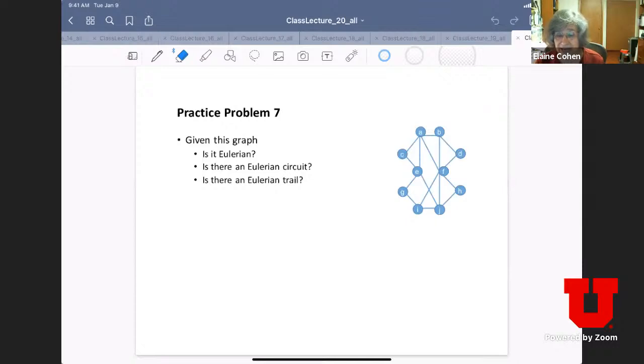Now, if we add an edge between B and I, can we do that without crossing it? Yeah, we just loop it around with a big arc. We go from B to I, so that we now have a loop. We have a circuit. It goes through every edge once. We added an edge, and we can get to exactly where we started from.